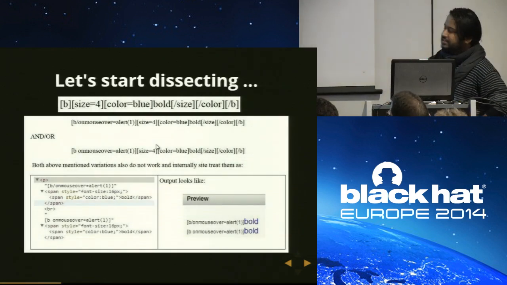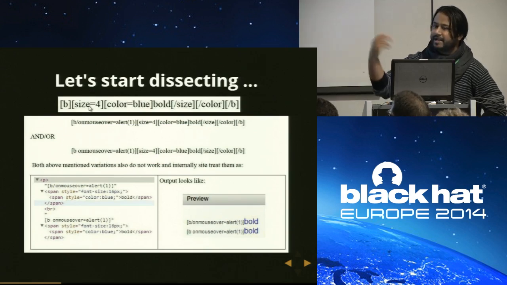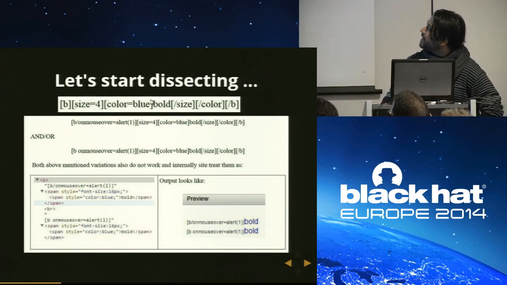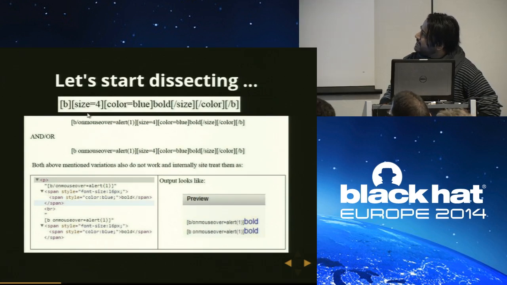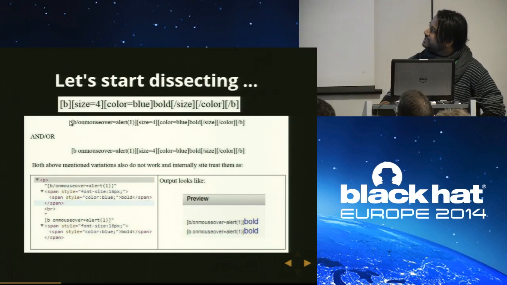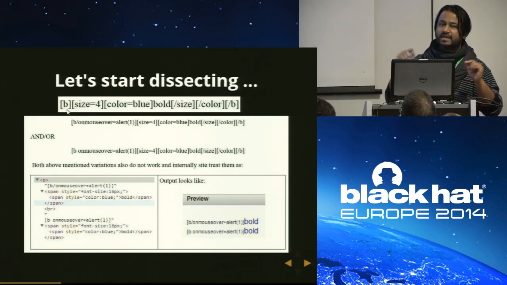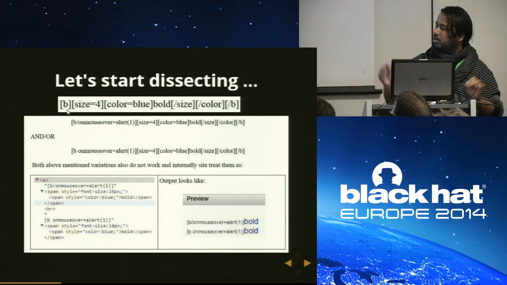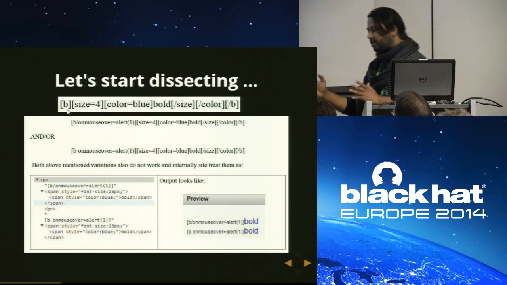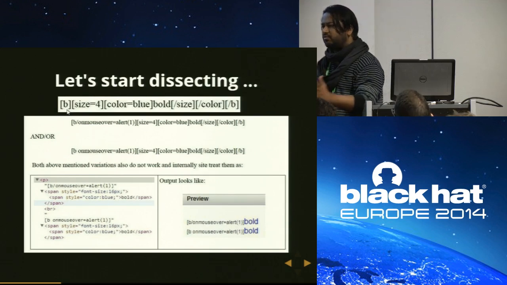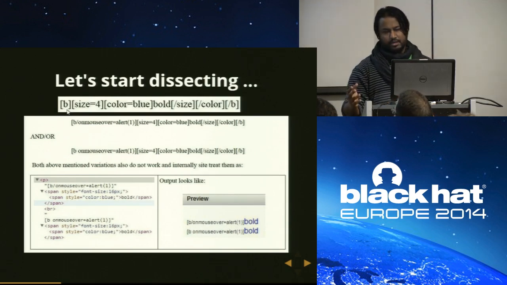Okay, so let's start breaking it. This is how I make the text bold. And you know from the previous slide that this B in that particular form has been converted into a bold tag. I thought let's try onmouseover. This is a very basic thing. Maybe it will work.